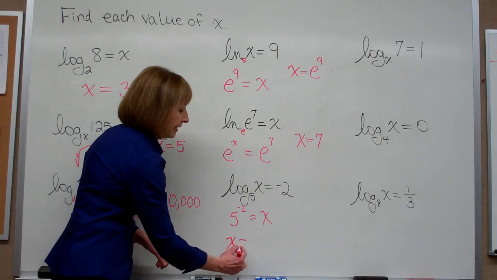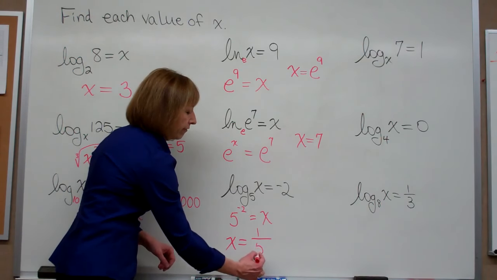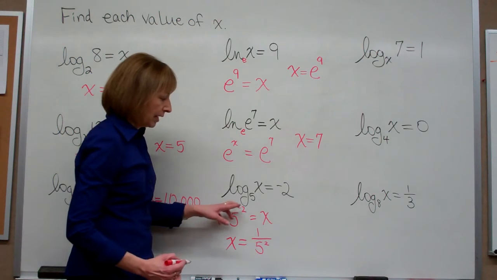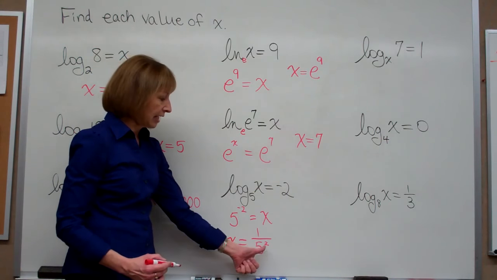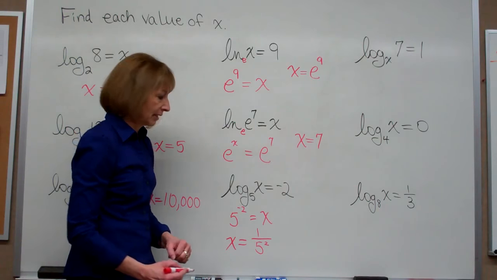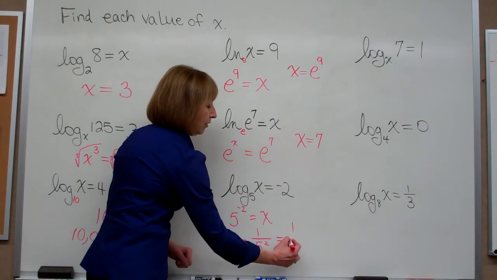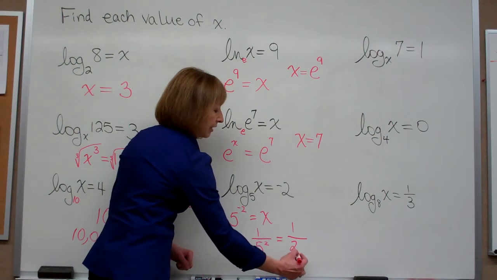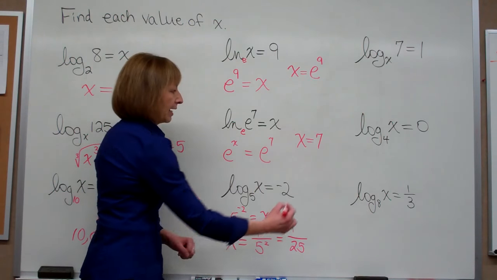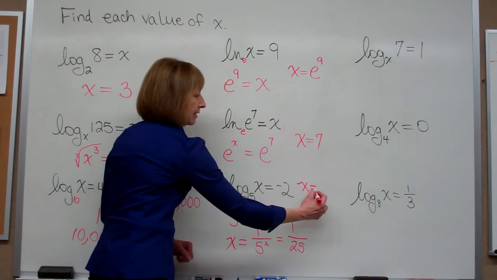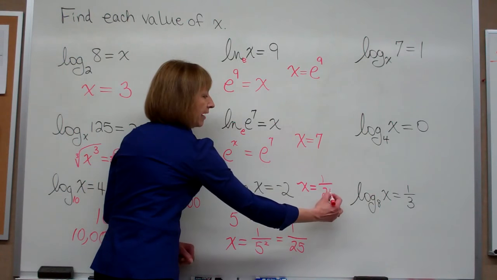So I have x is equal to 1 over 5 squared. When I take it to the denominator of the fraction, the negative comes off the exponent. And 5 squared is 25. So my x in this equation is x is equal to 1 over 25.